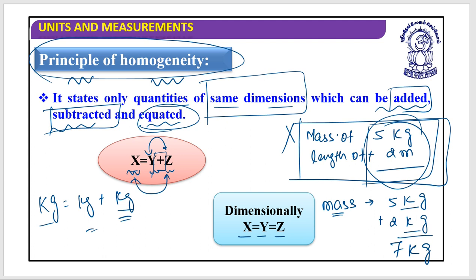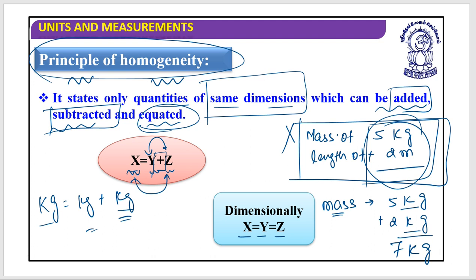I would like to repeat one more thing. When any two quantities are added or subtracted, they must have the same dimensions. This is what we require. Is it clear?